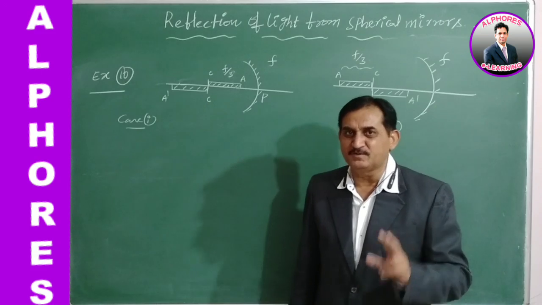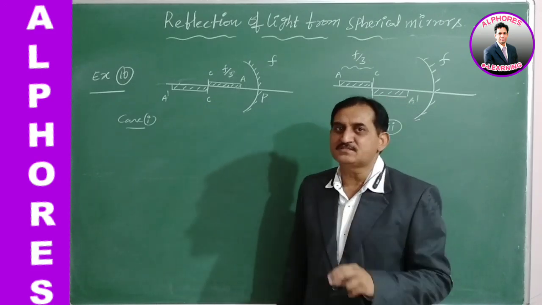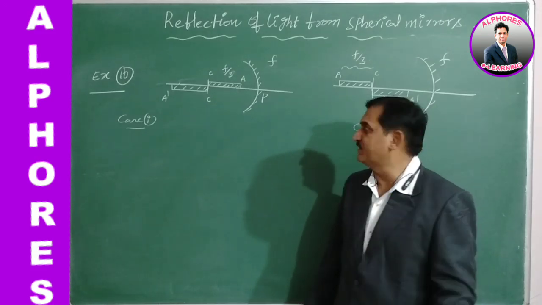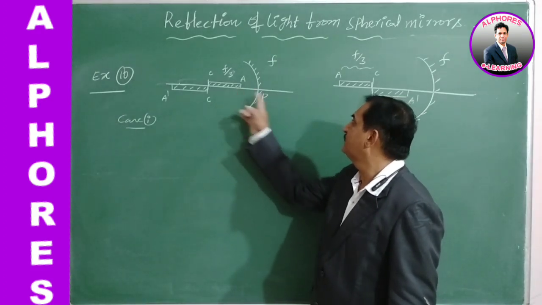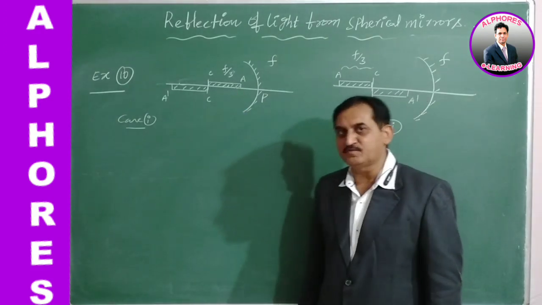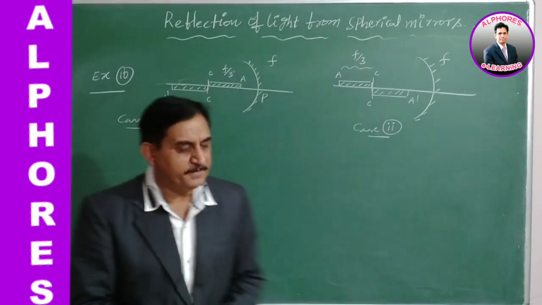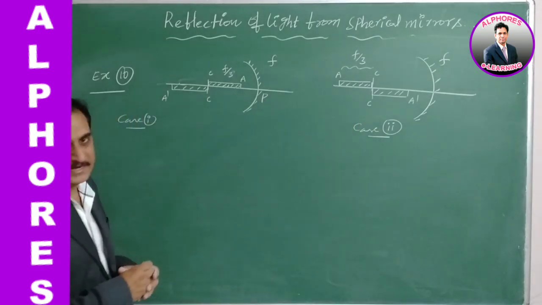So there are two possibilities: when the image touches the object, the object is either closer to the mirror or far away from the mirror. Therefore we should consider two cases, and in both cases we can find the magnification.